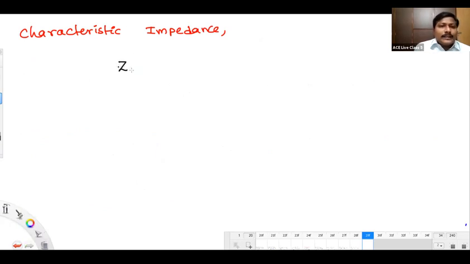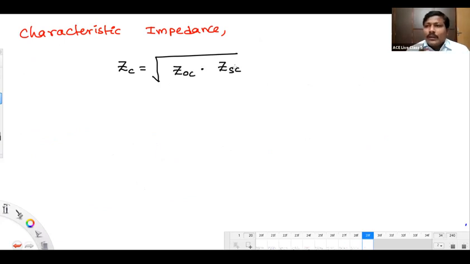Look at the formula. ZC is the square root of the open circuit input impedance multiplied with the short circuit input impedance. That is the characteristic impedance formula.